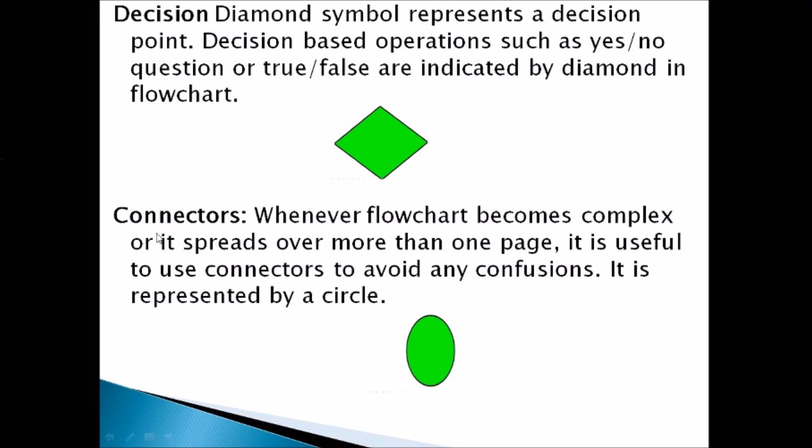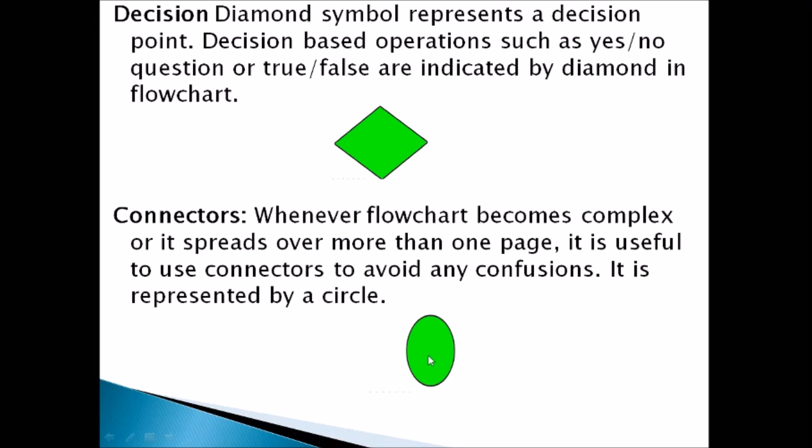Okay, and the next one, connectors. Connectors are nothing but whenever we start to draw the flow chart, it may be finished within a page or it can go more than one page. In case a flow chart needs more than one page, then one page should be connected with another page. At that time we have to use this connector symbol. Okay, this is simply a circle.